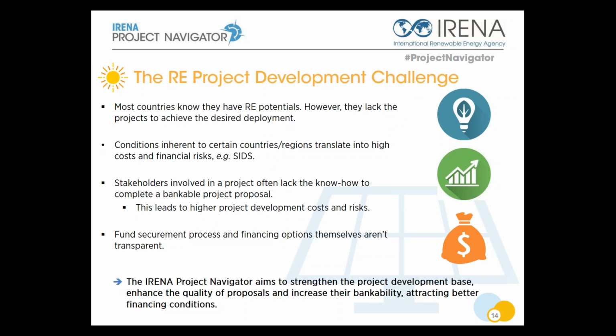And by having better quality proposals, first of all, we facilitate the finding of financing, but also create confidence in these proposals and allow lower cost of financing, which then again helps to accelerate the development of these proposals and the deployment of utility scale solar PV.